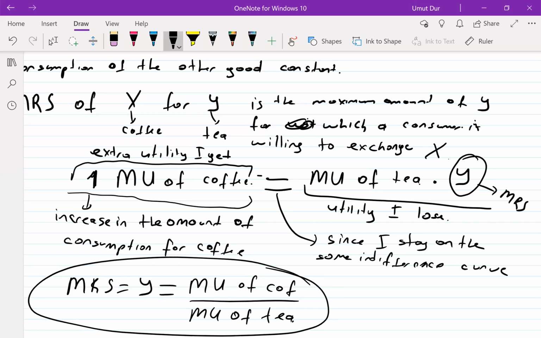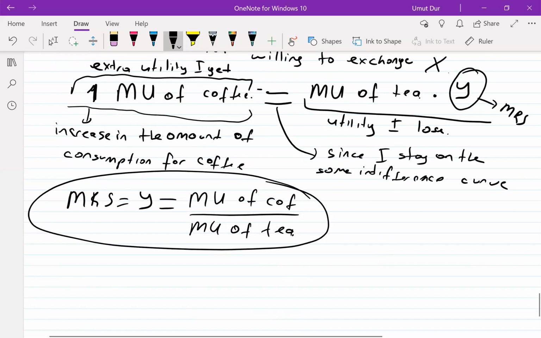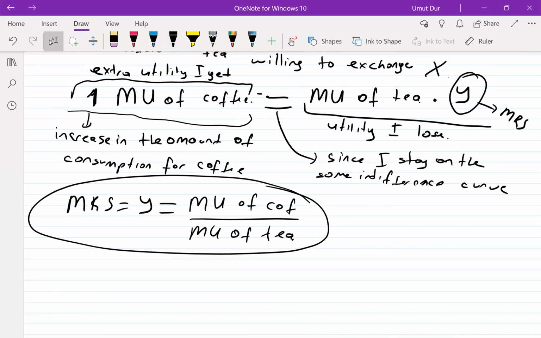I just realized that we haven't defined the marginal utility clearly.